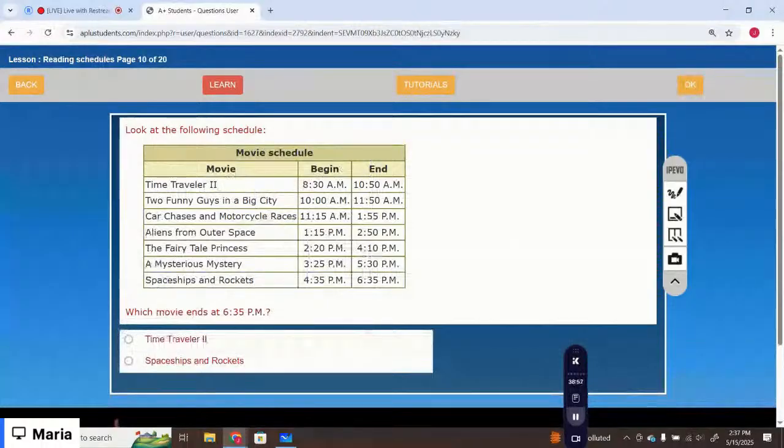Look at the following schedule. Which movie ends at 6:35 p.m.? At 6:35, that is Spaceships and Rockets.